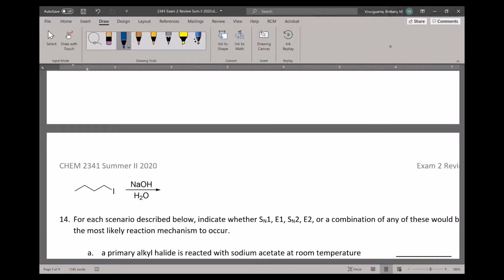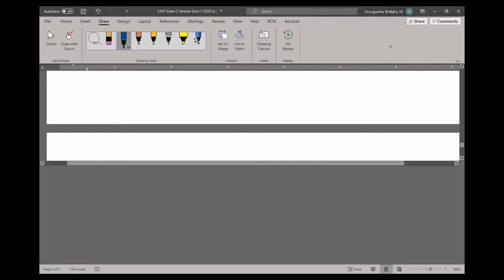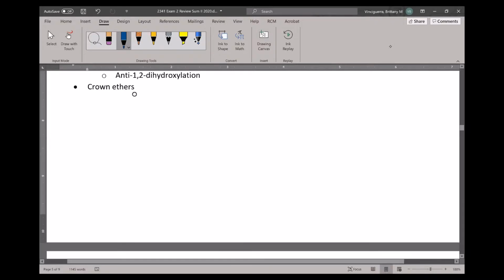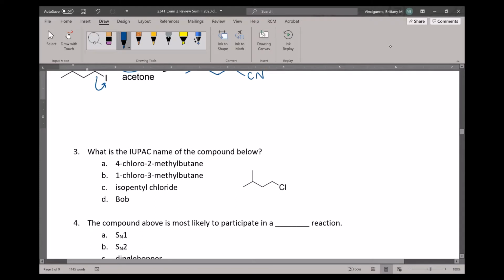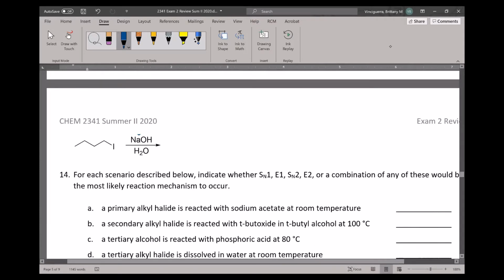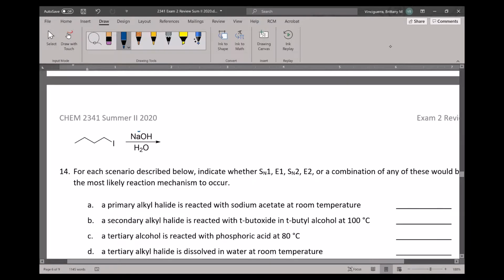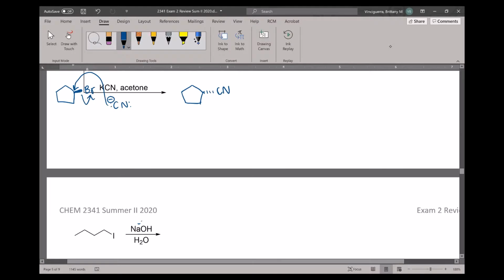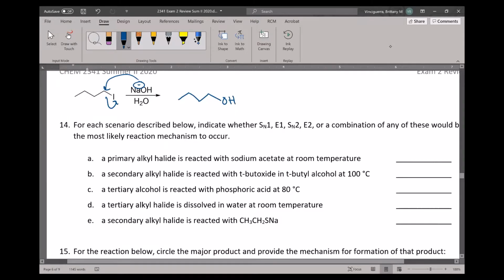Yeah, since this is primary, even though hydroxide is a strong base, this is a primary alkyl halide. So you're much more likely to do a substitution, especially since there's no heat present.